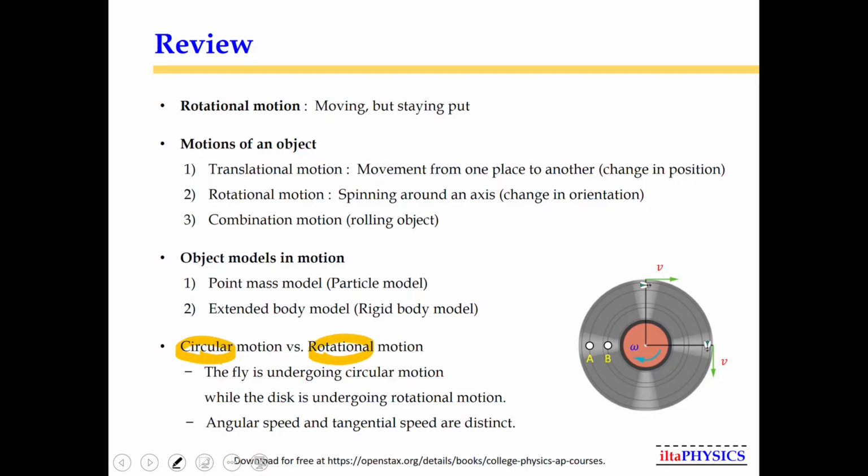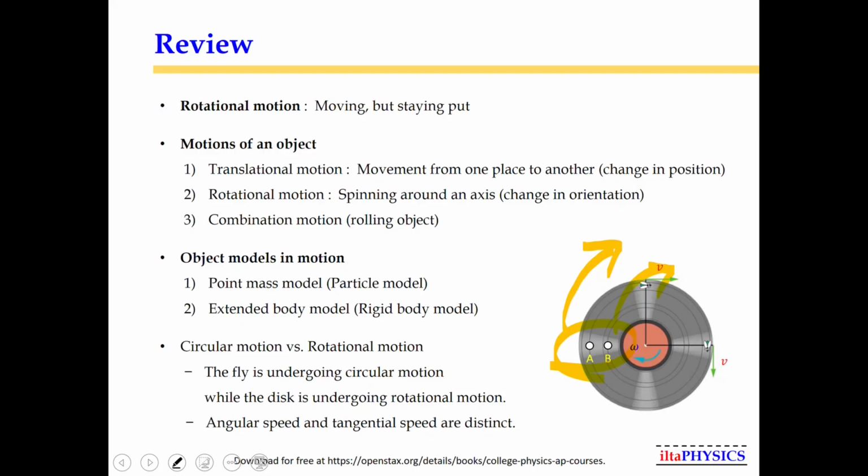As you can see in the diagram on the right, if a fly is sitting on a disc, the fly is performing circular motion along a circular path, but the disc itself is performing rotational motion while staying in place. Lastly, by comparing 2 points on the disc, A and B, we conceptually thought about the difference between angular velocity and tangential velocity in circular motion.